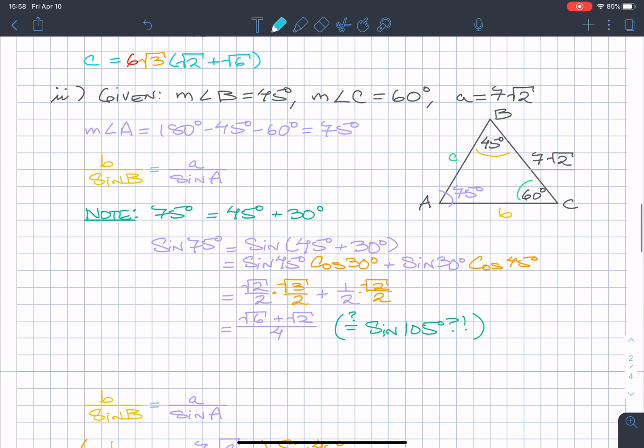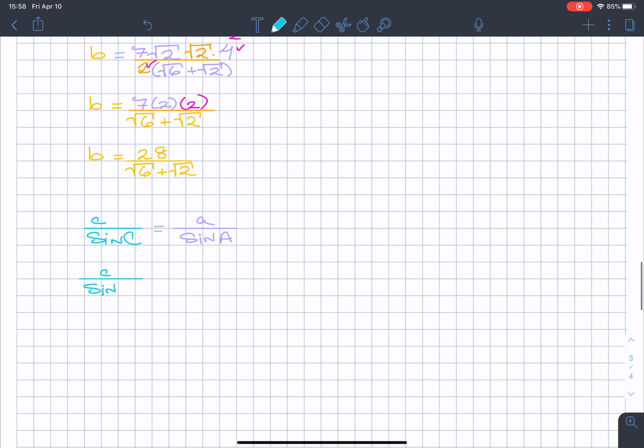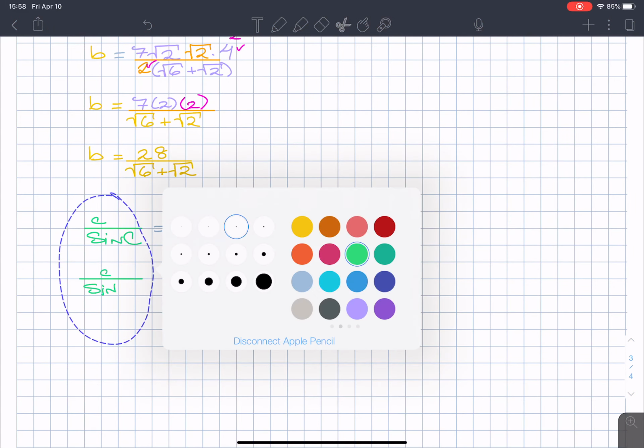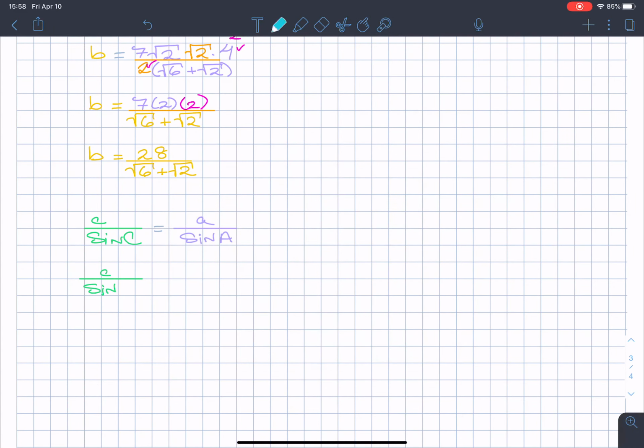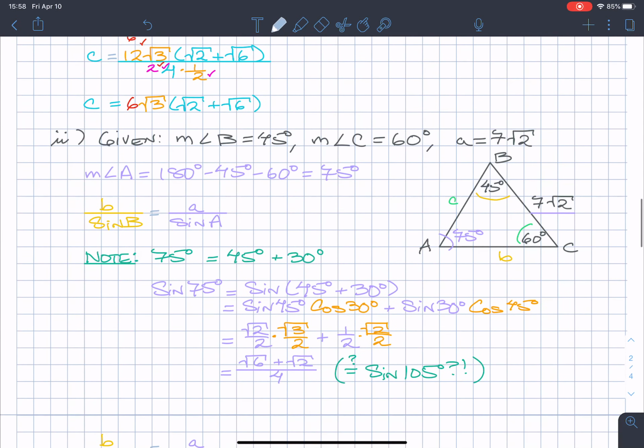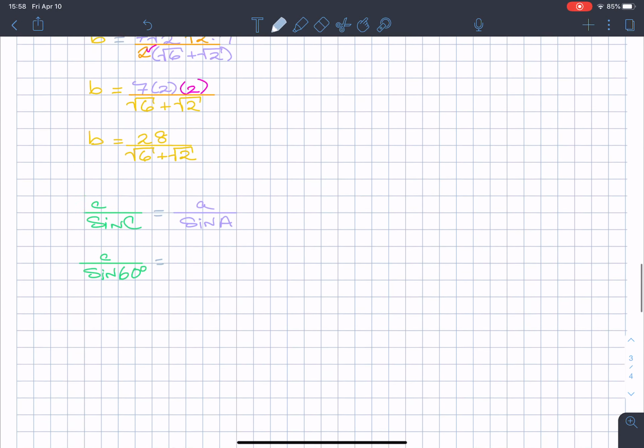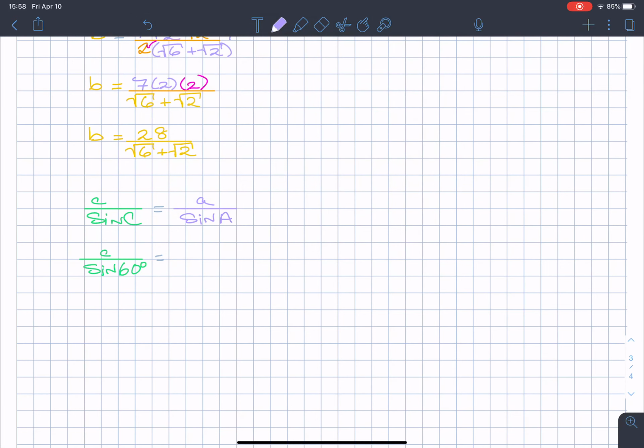Angle C, oh shoot, it was in green, was 60 degrees. So sine of 60 degrees is equal to little side A, that was given as 7 root 2, over sine of 75 degrees.